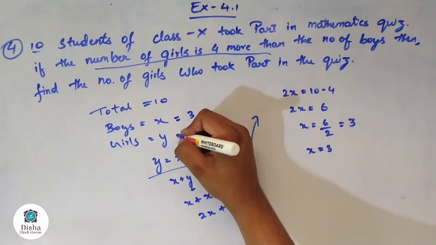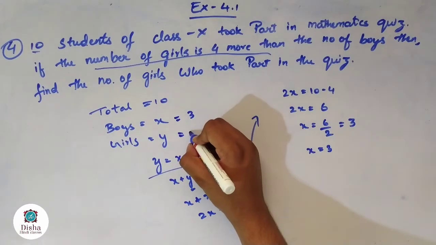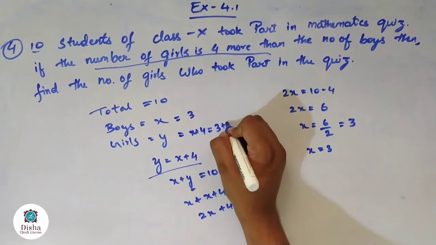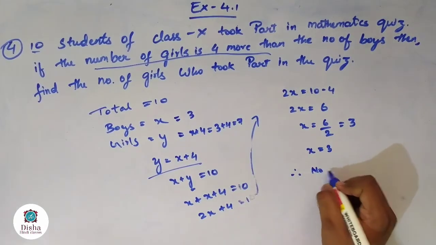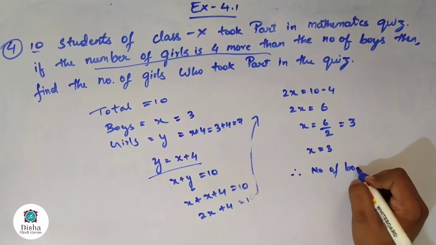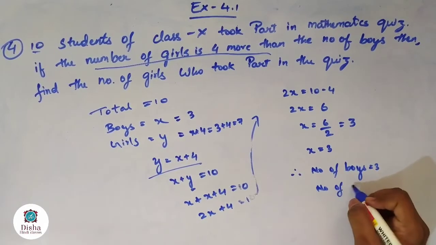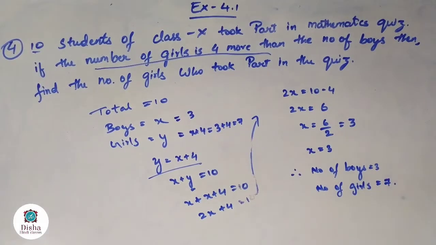Now what is the number of girls? Girls will be equals to x plus 4, right? So x plus 4, that will be equals to 3 plus 4, that is 7. So therefore number of boys equals to 3, number of girls equals to 7.